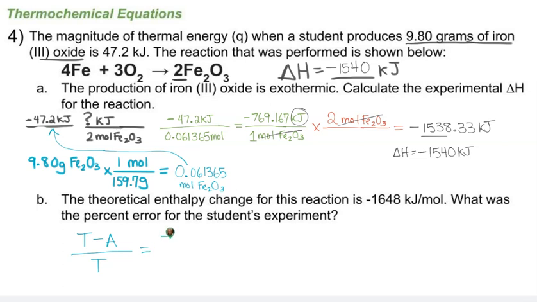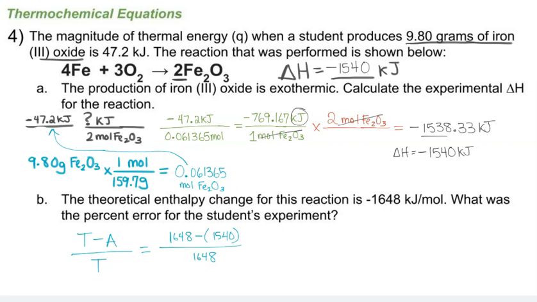So negative 1648 minus negative 1540, and it doesn't really matter if we have these negatives or we take the absolute value, divided by negative 1648. Because there are negatives on both top and bottom, I'm just going to take those out. All we're interested in is the difference between the two values and the absolute value of that final answer.